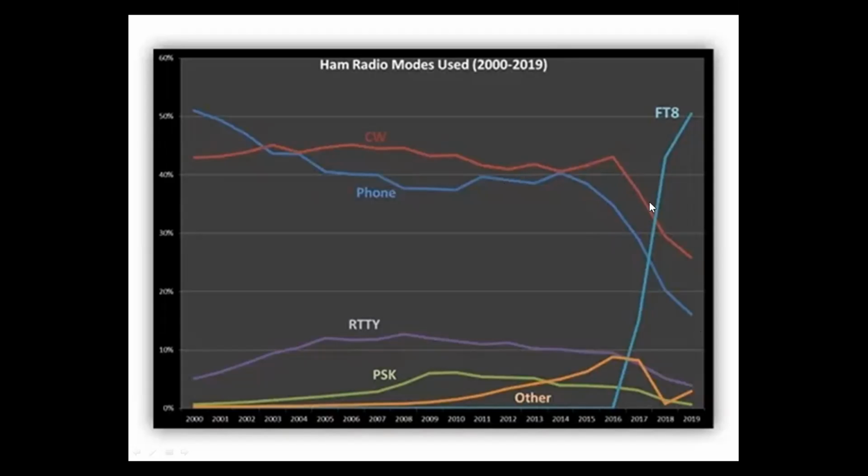CW, similar, it drops off, really kind of flattens out here. And what happened was a fellow came up with this weak signal mode called FT8, and there are some variants of this that has just taken the ham community by storm.